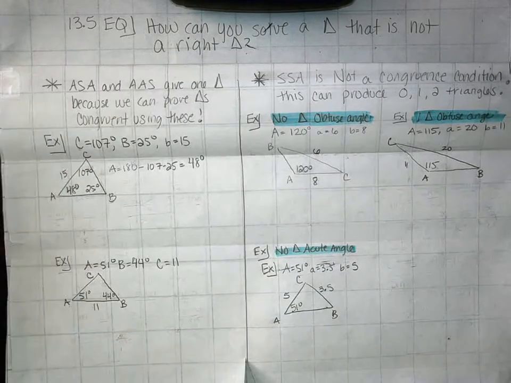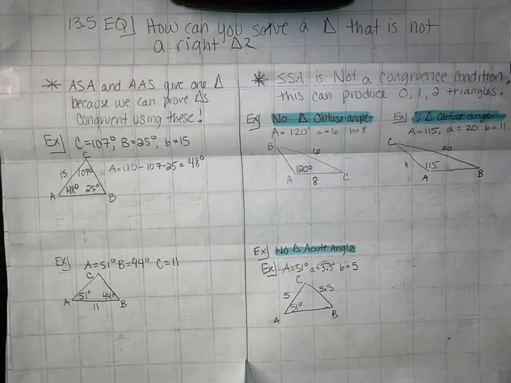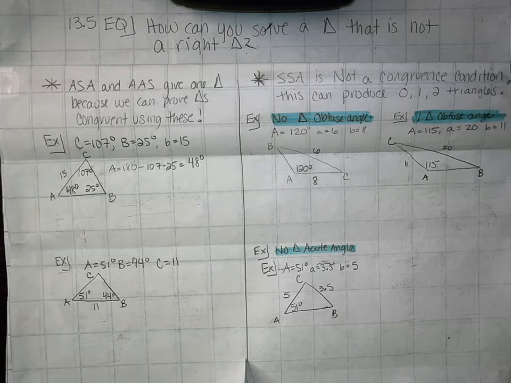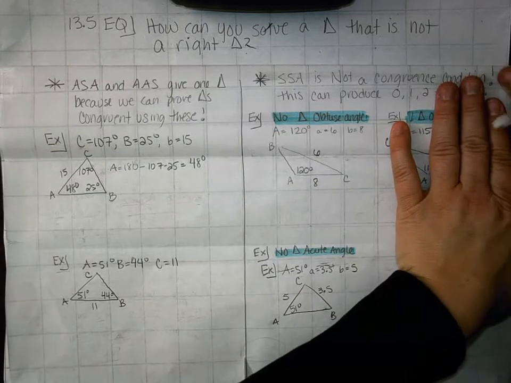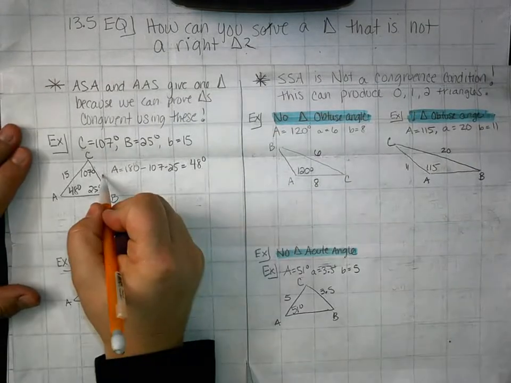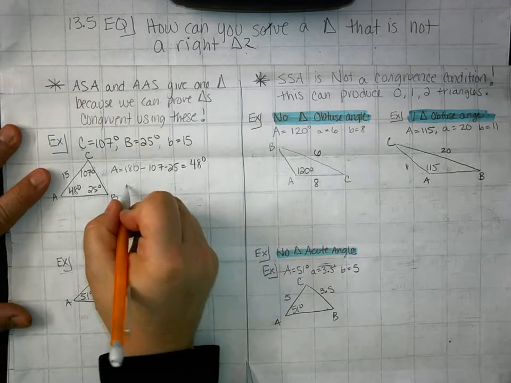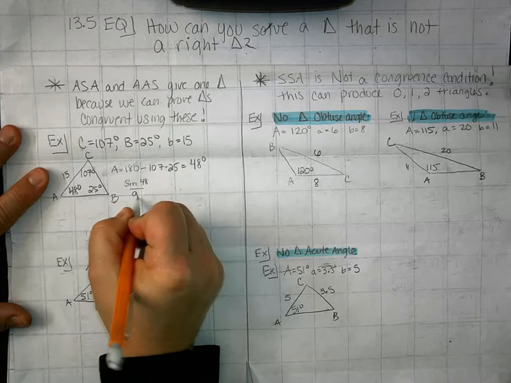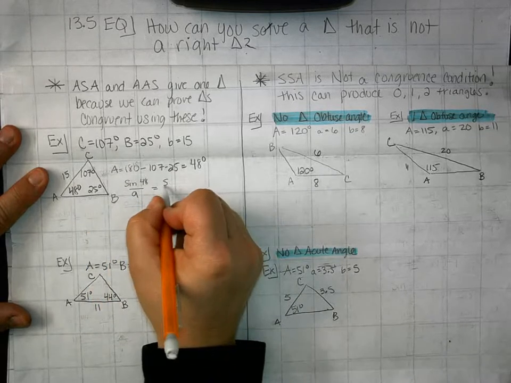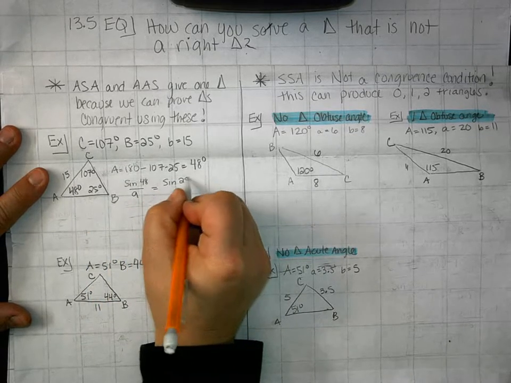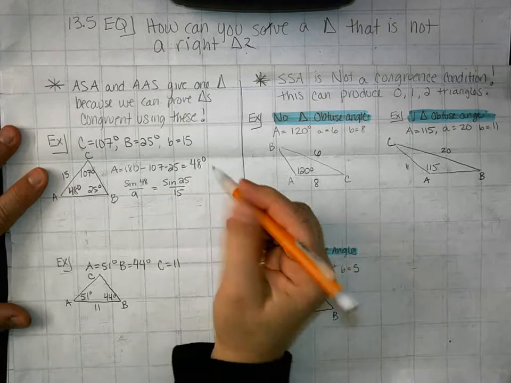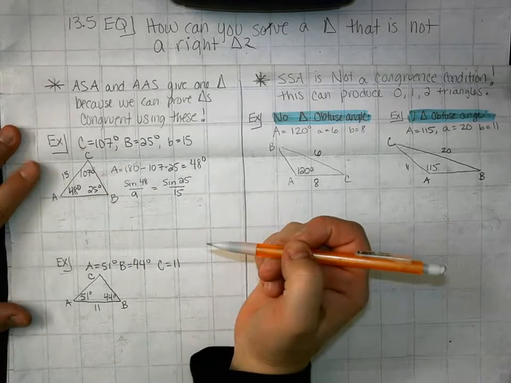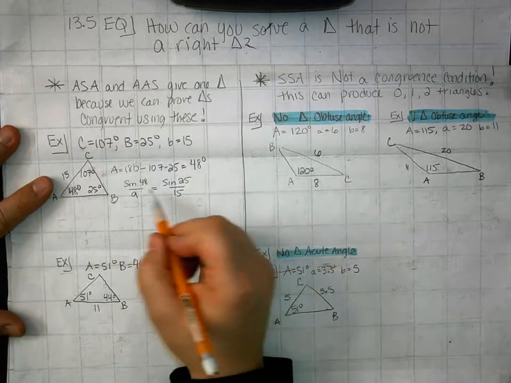The next thing that I'm going to do is solve for a side length. I tend to like to do those in alphabetical order, so I'm going to solve for this side length right here. So I'm going to take the sine of angle A, which is 48, over side A, and set that equal to the sine of 25 over 15, because now I have both the top and the bottom of my next proportion.